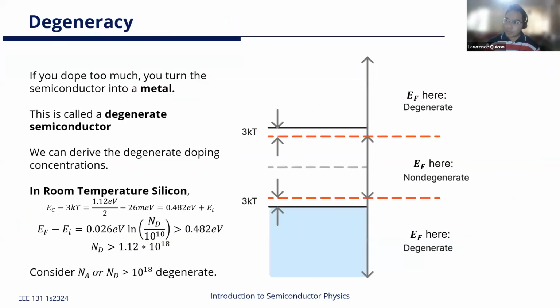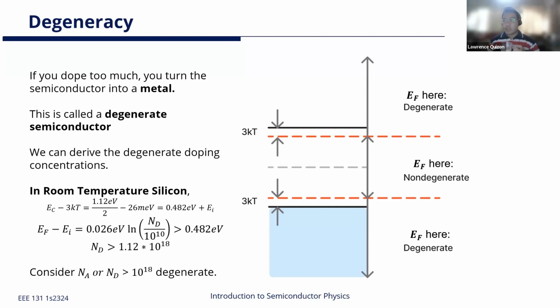So, for another concept, we don't want to dope too many atoms into our semiconductor material. Why is that? It changes the properties permanently. Well, I may be lying when I say we don't want to do that.